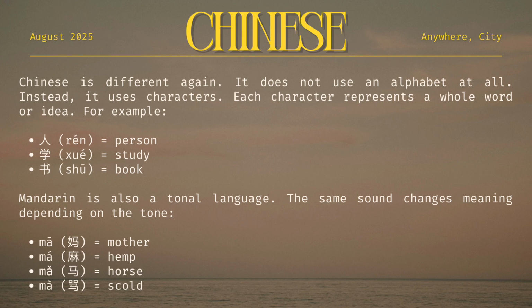So in Chinese, there's no alphabet or letters that are repeatedly used. Each word has its own character, its own way of writing. You can just imagine how hard it is to master the language.